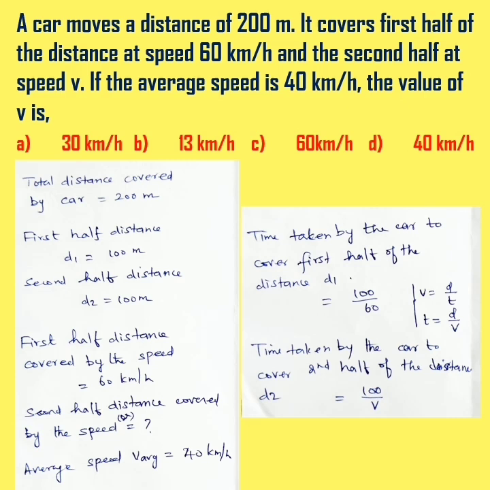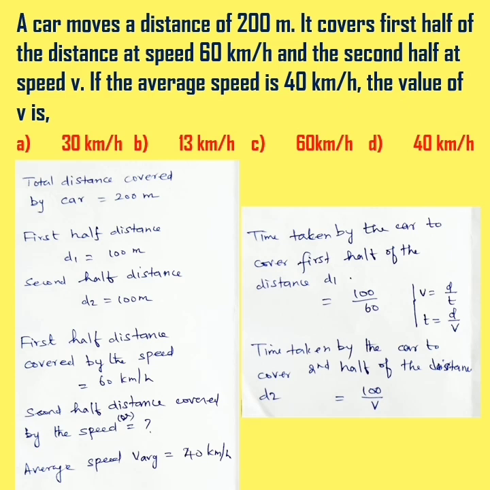The first half distance is covered at a speed of 60 km per hour. That is also given in the problem, right? First half of the distance, 100 meter, is covered at 60 km per hour.